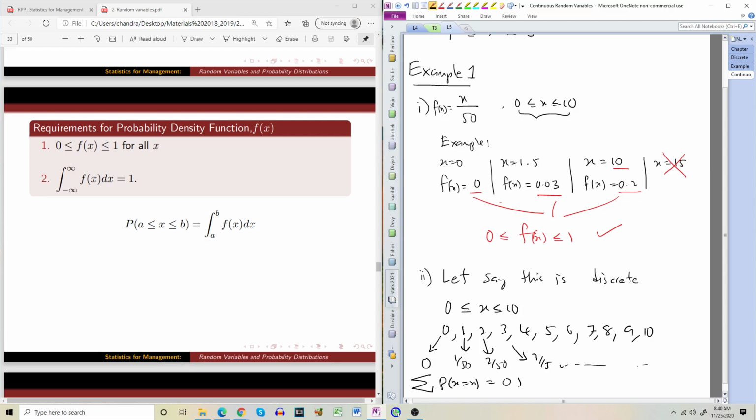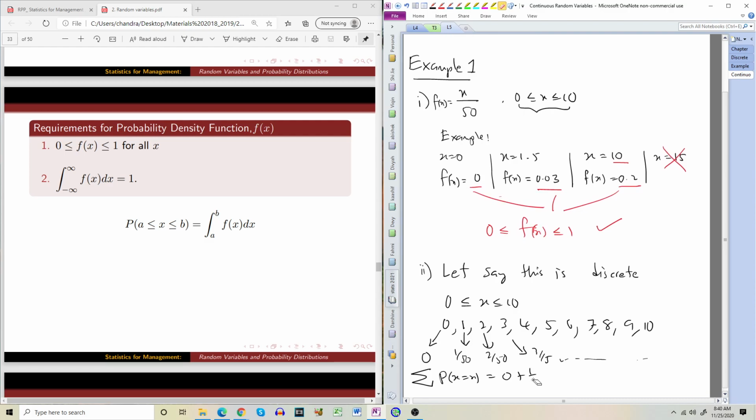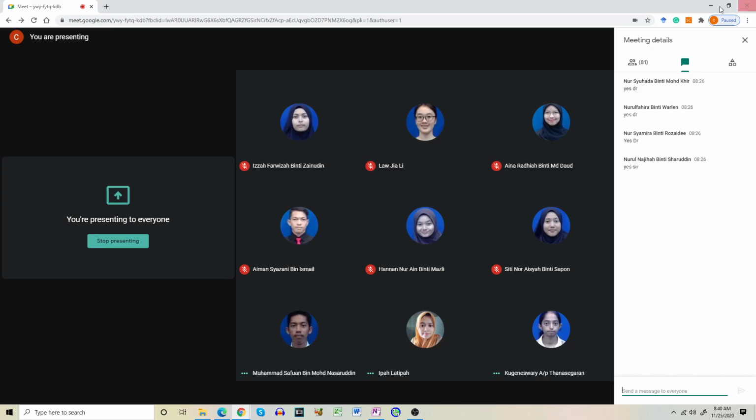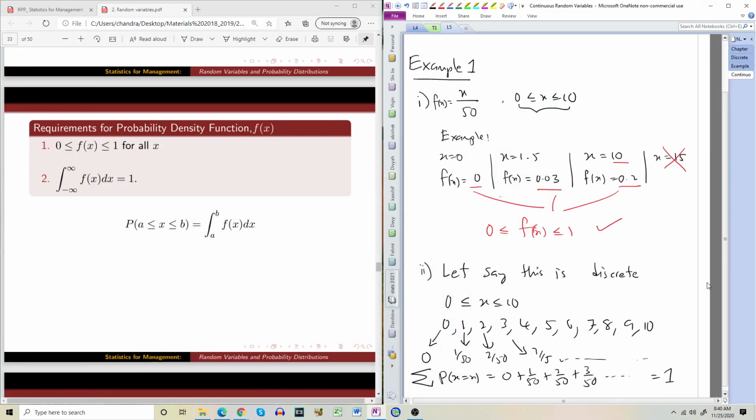You add everything and prove it is 1. This is how you do it for discrete. But for continuous, I give you some time to look at it, because I'm going to go to the next page.